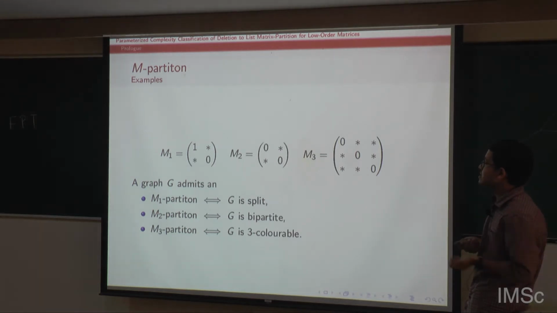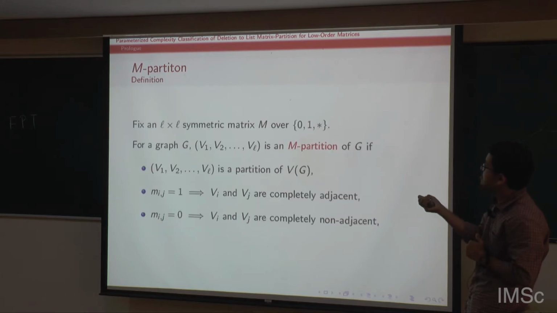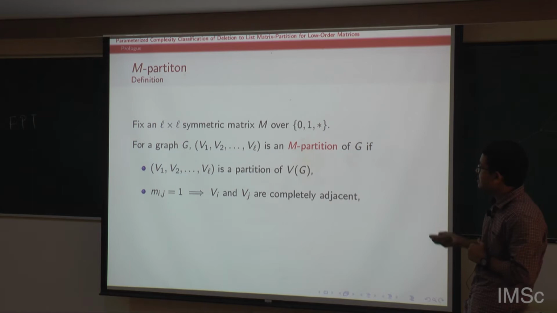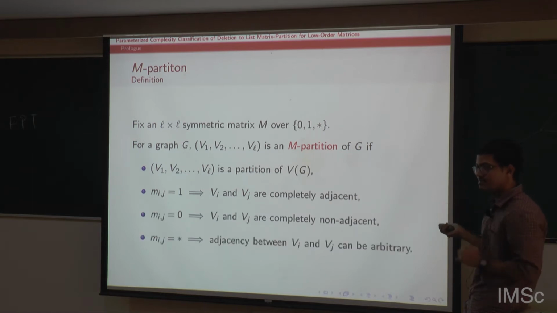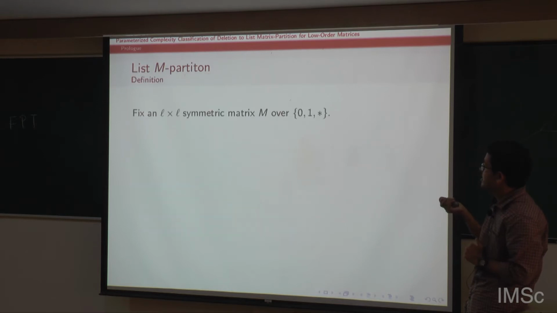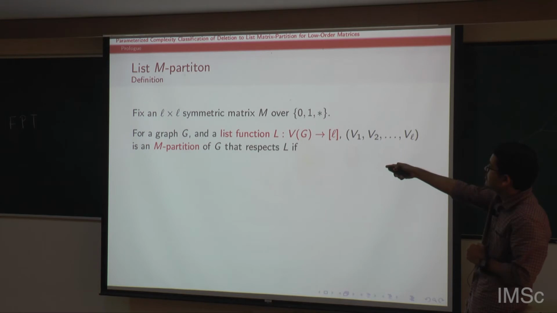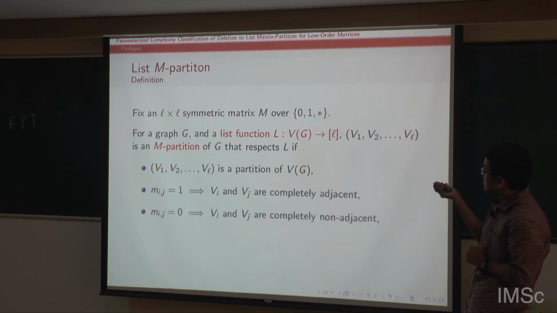Now we saw an M partition. Now we are going to impose the list constraint on M partitions also. So again we have a graph, and now we have a list function also.